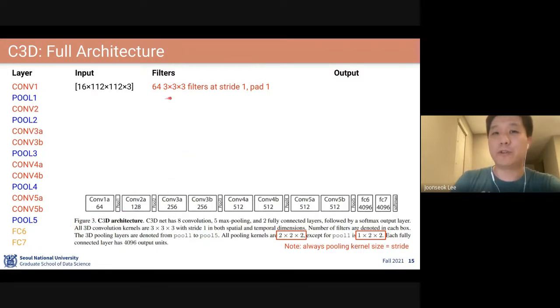And for each of these layers, they specified the number of filters, and the filter size is always 3 by 3 by 3. And stride size was 1 in both spatial and temporal dimensions. So they actually provided all the details in this figure. So can you try to fill out the entire table using the information? I'll give you 1 minute.